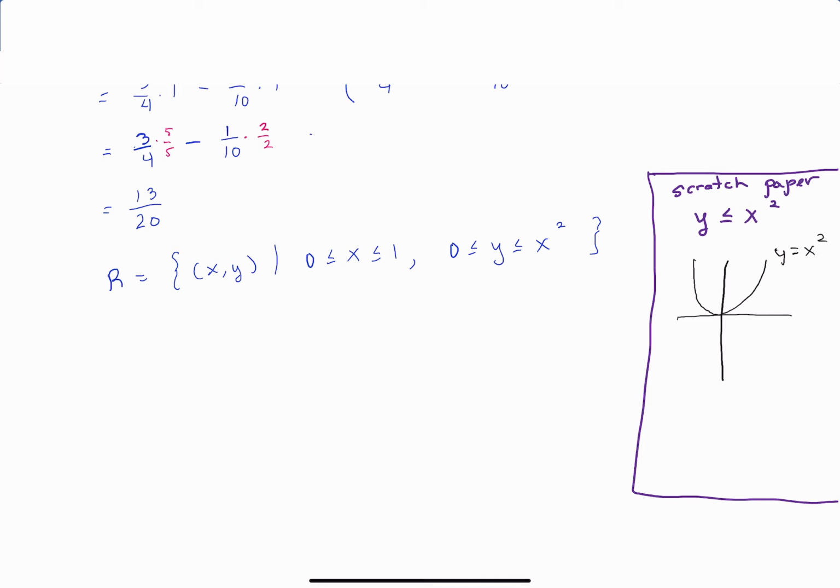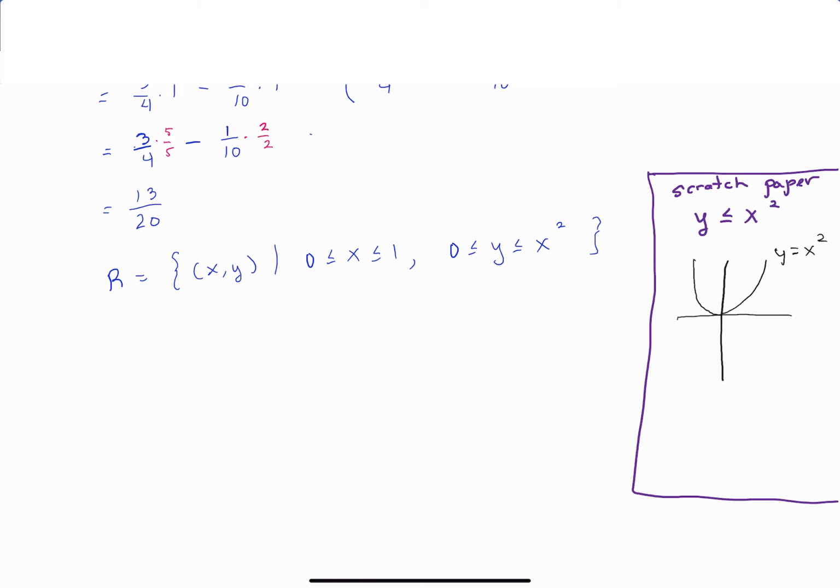The thing you graph by putting the equals in is always going to split up your xy plane into two regions: the region you want and the region you don't. In this case, the region we want is where the y's are smaller, because it says y is less than or equal to something.